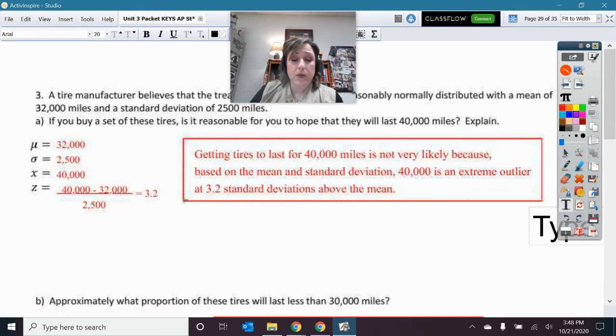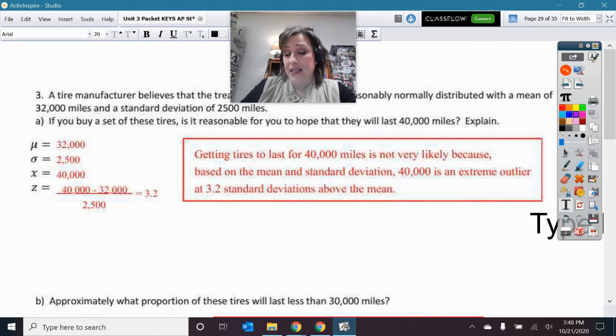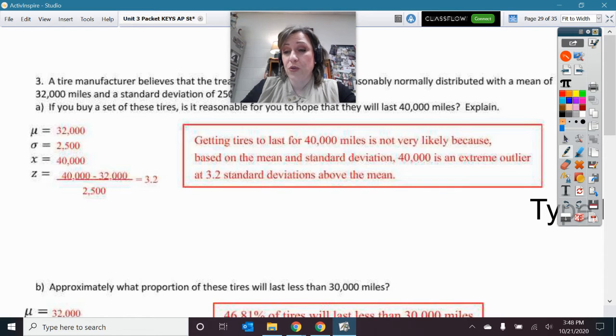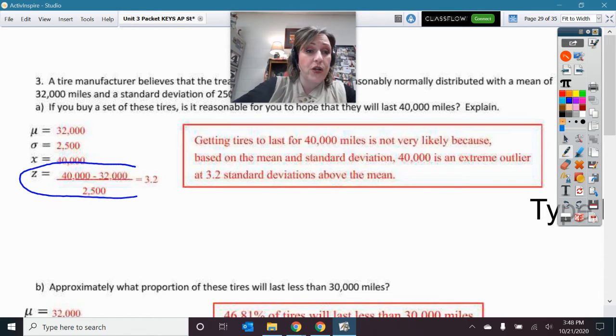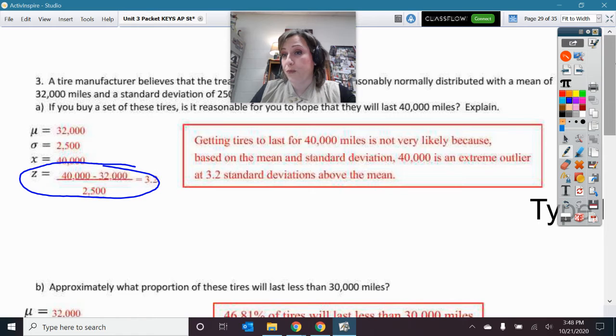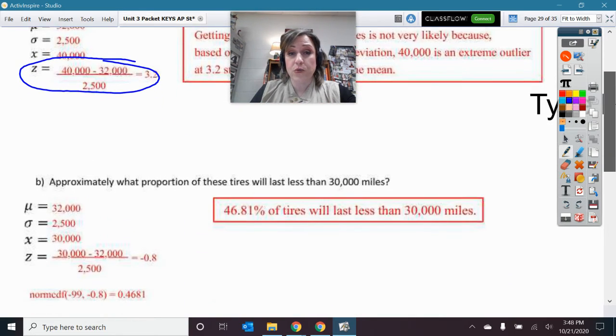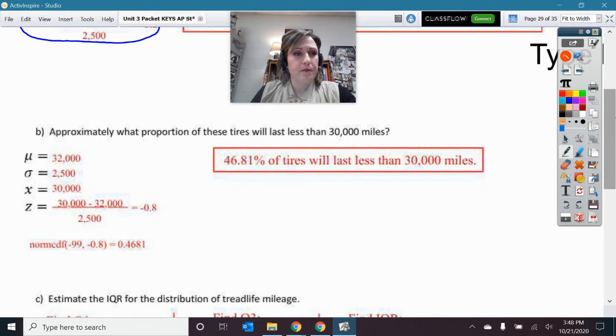So you need to actually do this z-score formula so you can say that 40,000 miles is more than 3 standard deviations above the mean. In fact, it's 3.2 standard deviations above the mean. You can't just make the statement saying it's more than 3 standard deviations. You've got to show support for everything. So you really needed that formula there. So yeah, that's unusual. That's an extreme outlier.